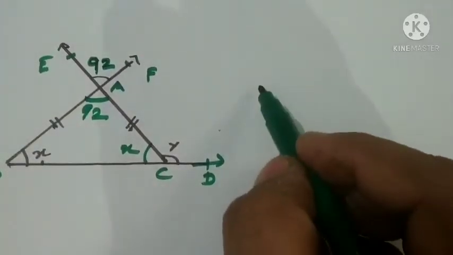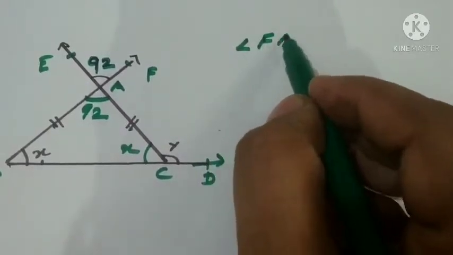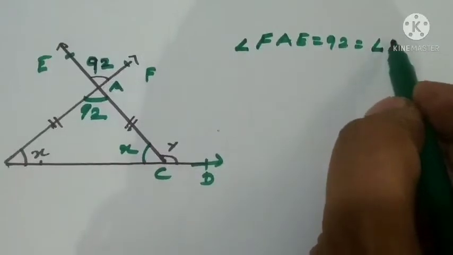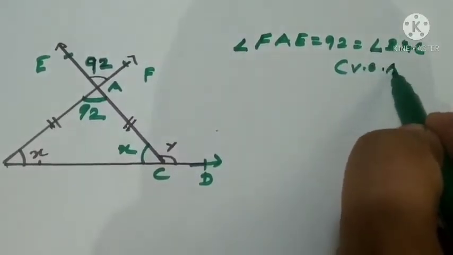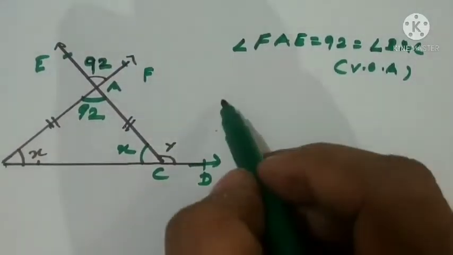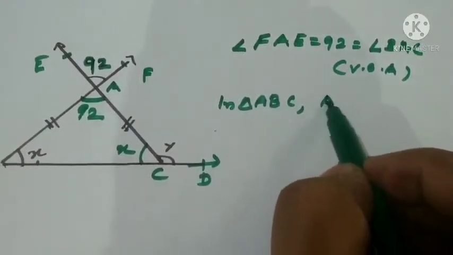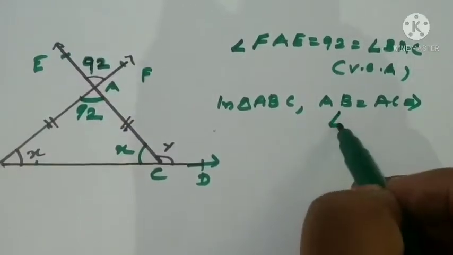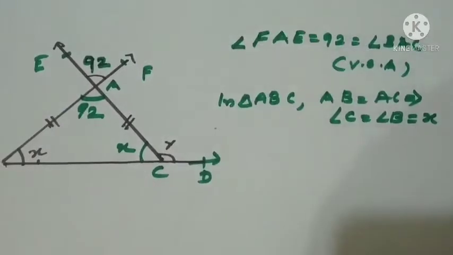Now I have to write angle FAE equal to 92 equal to angle BAC, vertically opposite angle. So we got BAC as 92 degree. In triangle ABC, AB equal to AC implies angle C equal to angle B equal to x.